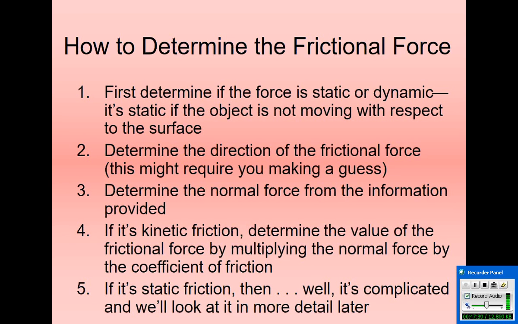Remember that the normal force is instrumental in determining the frictional force. So if you have the information to figure out the normal force, do it like we did in the earlier example. If it's kinetic friction and you know the coefficient of kinetic friction, then you find the kinetic frictional force by doing mu k times the normal force. If it's static friction, it's not so straightforward. It's complicated.